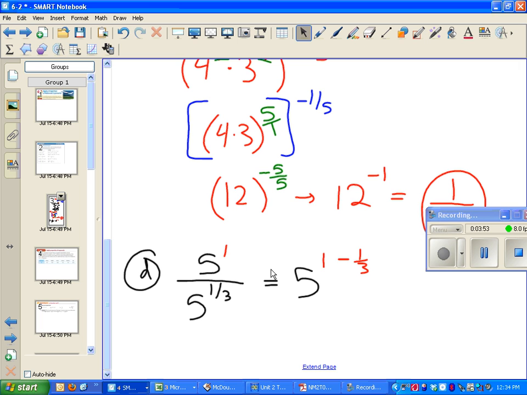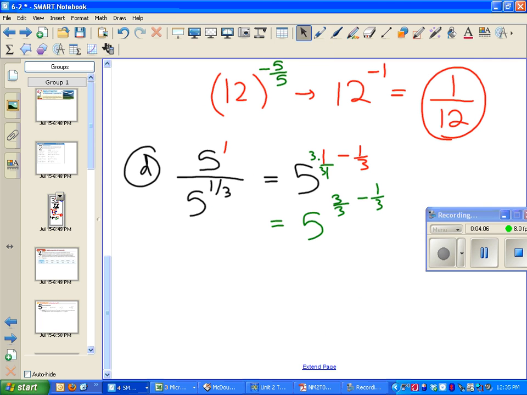Okay, we don't have a common name yet, so we're going to multiply this one by 3 over 3. So that would be the same thing as 5 to the 3 over 3 power minus 1/3 power. Right? And then our base is 5. We keep the same denominator of 3. And then 3 minus 1 is 2. And that's all the simplifying we can do. So that's our answer for D.